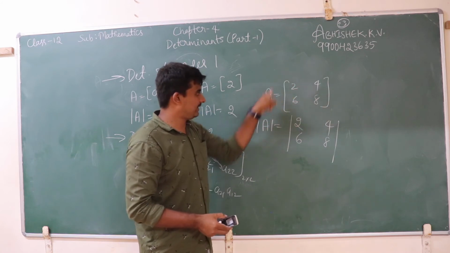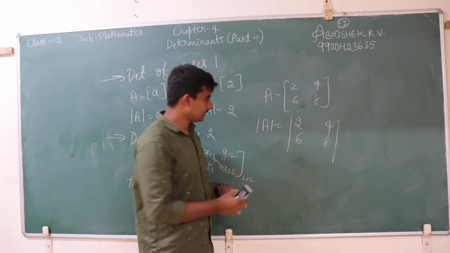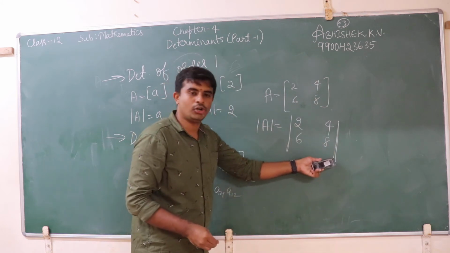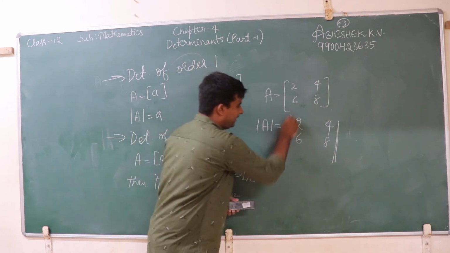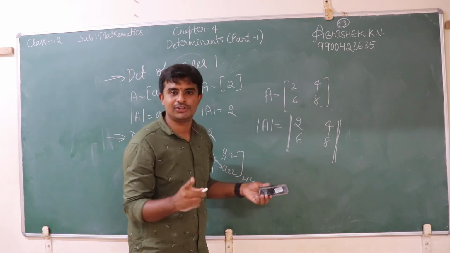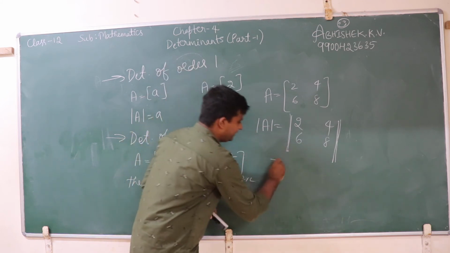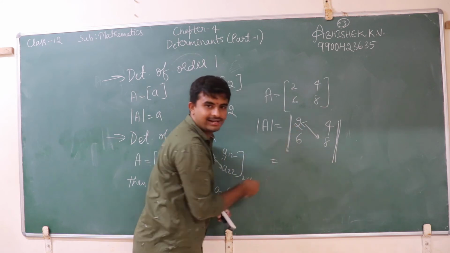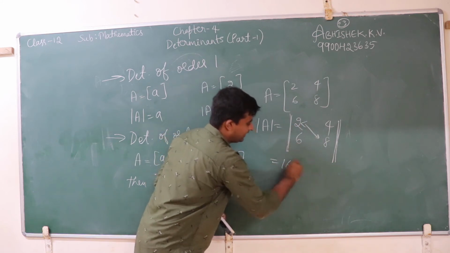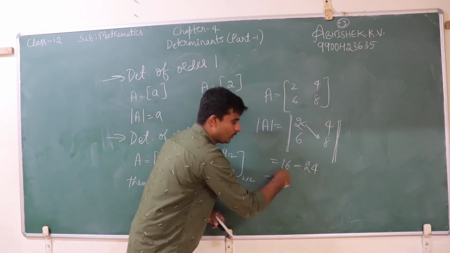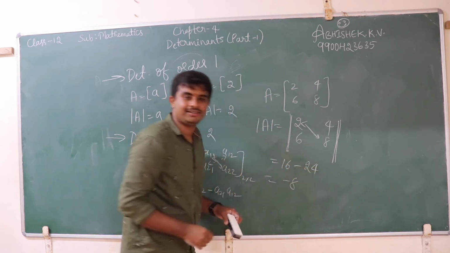The matrix is a rectangular array of numbers, but when I come to determinant, you should denote it with 2 bars, and this is not absolute value. It is read as determinant of the matrix A, and it is given by the product of diagonal elements, 2 eights are 16, minus 6 fours are 24. This is equal to 16 minus 24, which is minus 8.